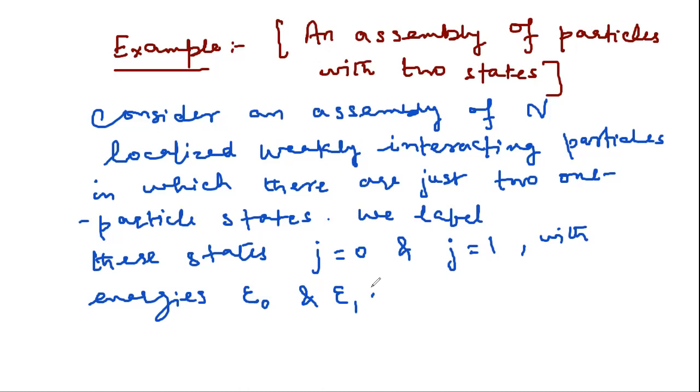So we can use Maxwell Boltzmann distribution and the corresponding ideas of partition function which we have already discussed. Now we want to use those ideas for this particular system, this assembly of particles with two states, to write down expressions for the properties of the assembly at given temperature T, right?